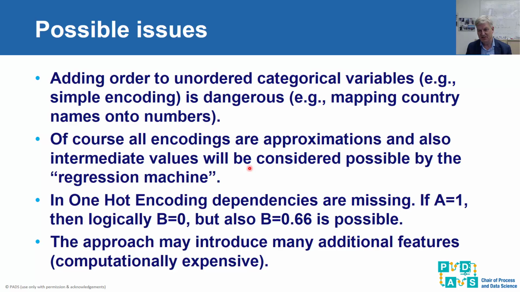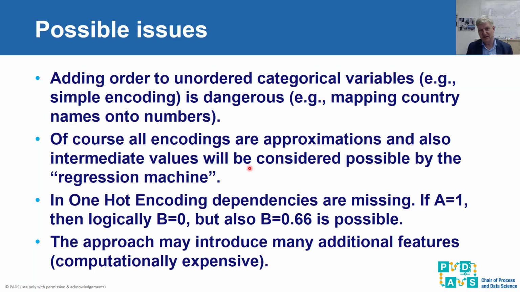Another problem is that it would even allow that both A and B are 0.66. This is of course not possible because we know that if A is equal to 1, then B is equal to 0 and C is equal to 0. So these dependencies are lost, making this really an approximation.